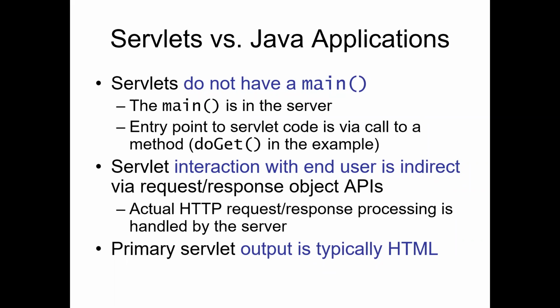That is the basic task of the Servlet container. So basically, the main function lies in the Servlet container, that is in the server. And doGet or doPost is what the Servlet does. That means the entry point of Servlet is the doGet or doPost method.